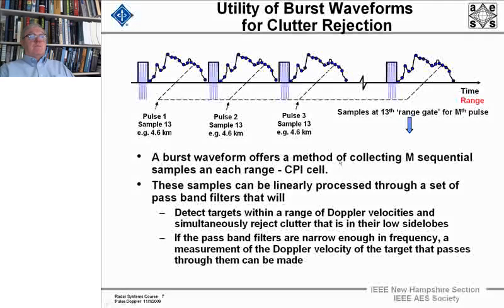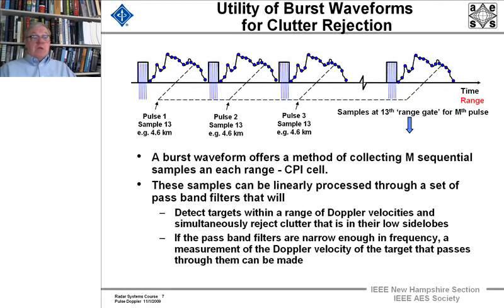And a burst waveform offers a method of collecting m sequential samples for each range CPI cell. And these samples can be linearly processed through a set of passband filters that will detect targets within a range of Doppler velocities and simultaneously reject the clutter that is in their low side lobes.